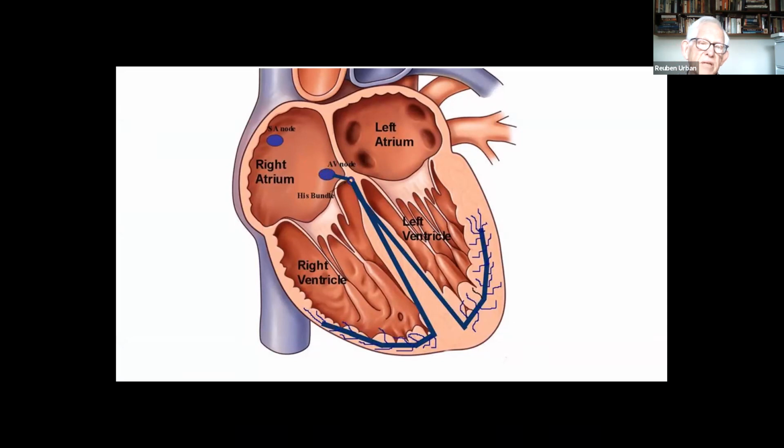It sends a signal to the AV node, but the AV node has a delayed mechanism. So when this sends a signal there, it also sends a signal to the muscle around the two atria. They contract, they push the blood from the atria into the ventricles, and then that's enough time for the AV node then to signal all this massive muscle here, the ventricles, to contract, and then the ventricles push the blood out.